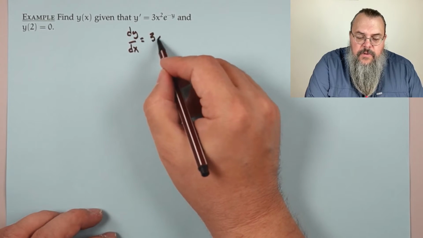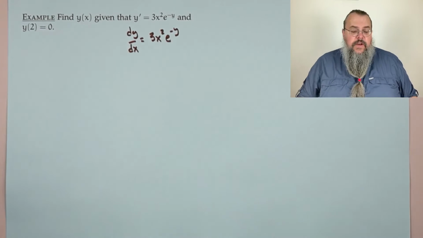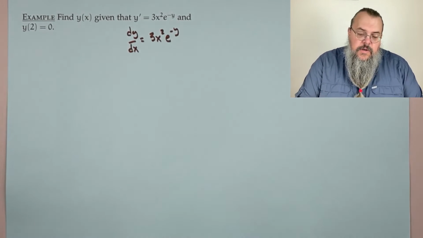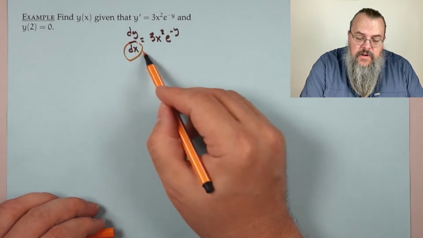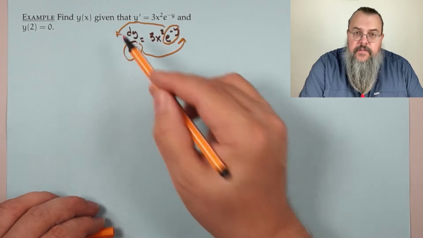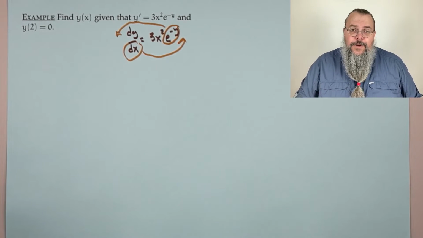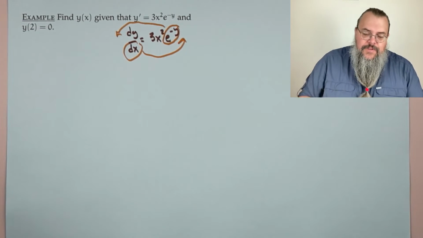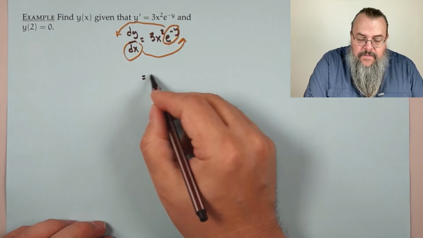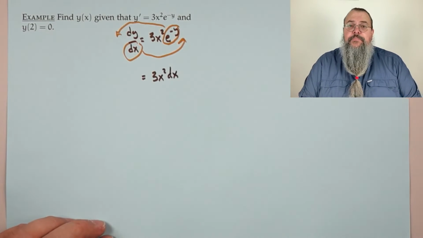All right, so what are we going to do? Well, what we'll do is we'll move things around. And in particular, we can move the dx across, and we can move the e to the minus y across. And if we do that, what do we get? Well, the dx, that's pretty simple. That'll give us our 3x squared dx on the right.